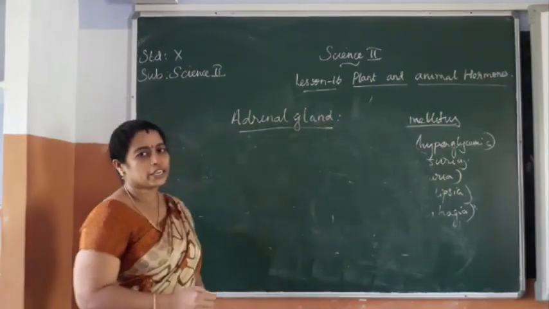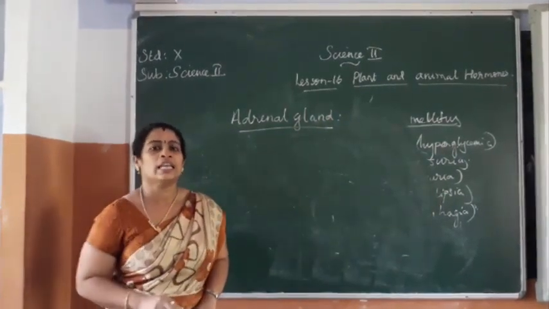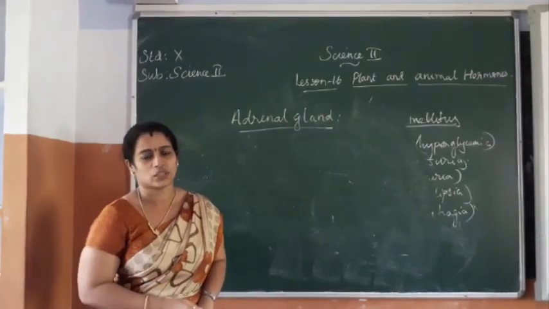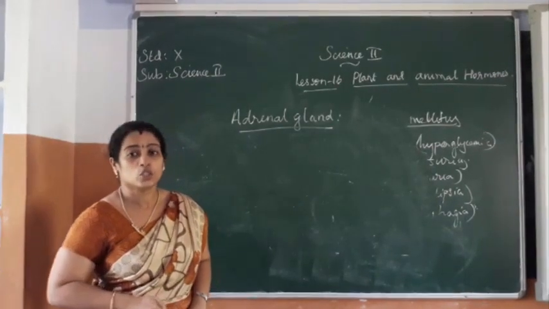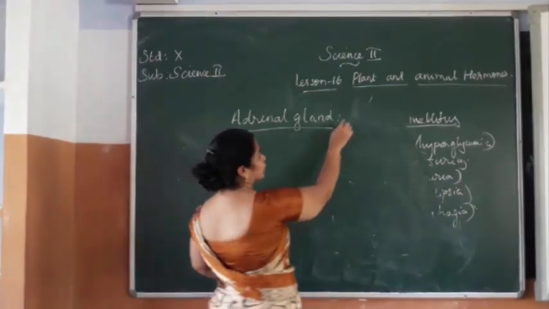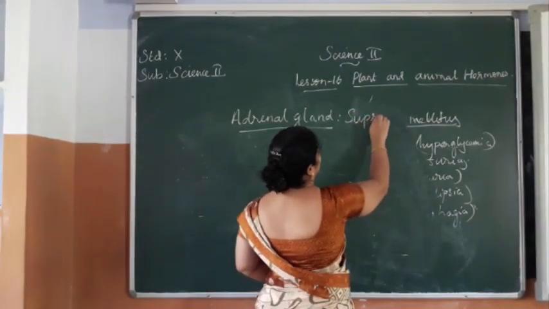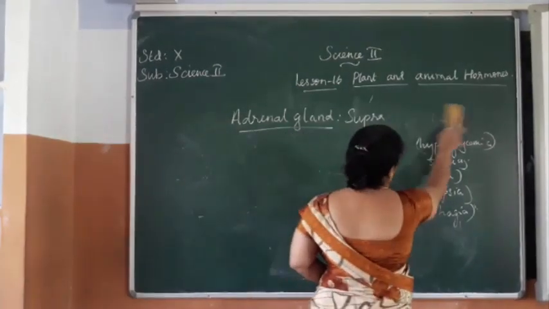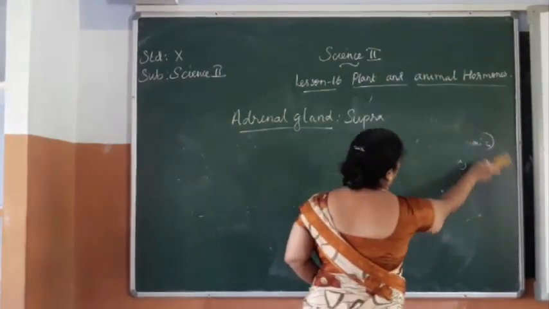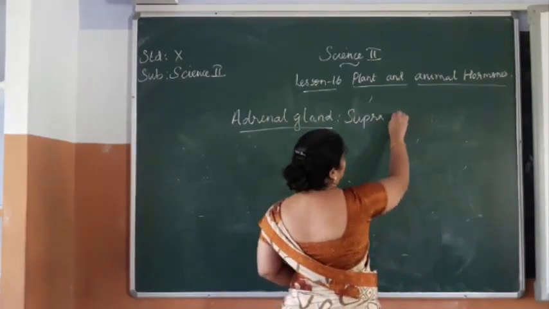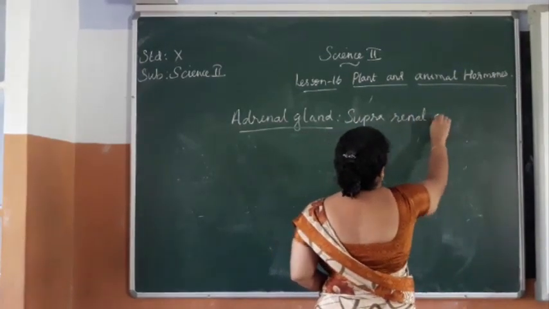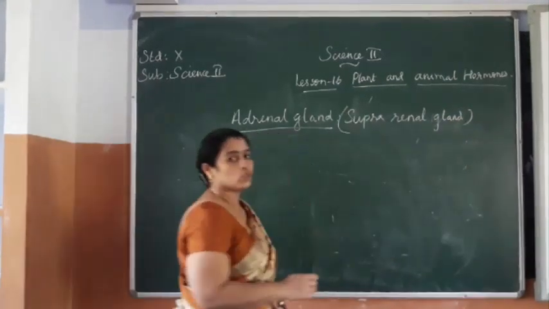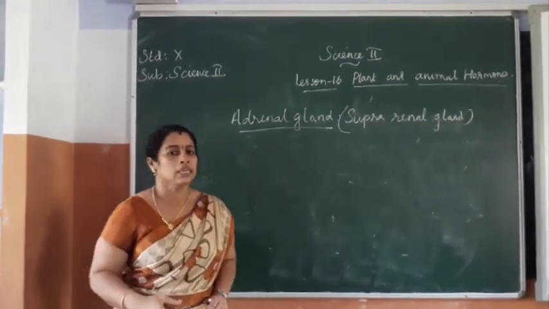As I already told, it is present just above the kidney in the form of a cap-like structure. So it is also known as the suprarenal gland, since it is present just above the kidney.